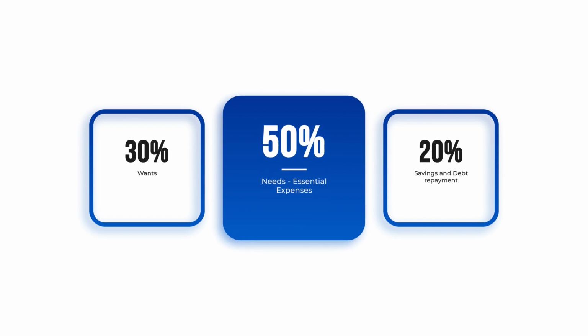In a 50-30-20 budget, needs and essential expenses should represent half of your budget. Wants should make up another 30%. Savings and debt repayment should make up about 20% of your budget. If your expenses are more than your income, that means you're overspending and need to make some changes.